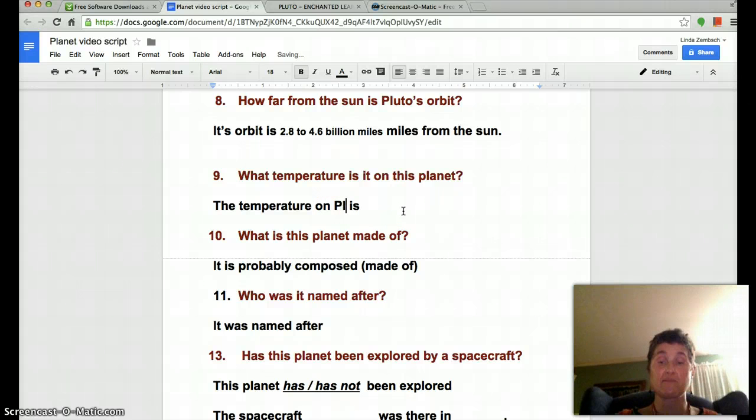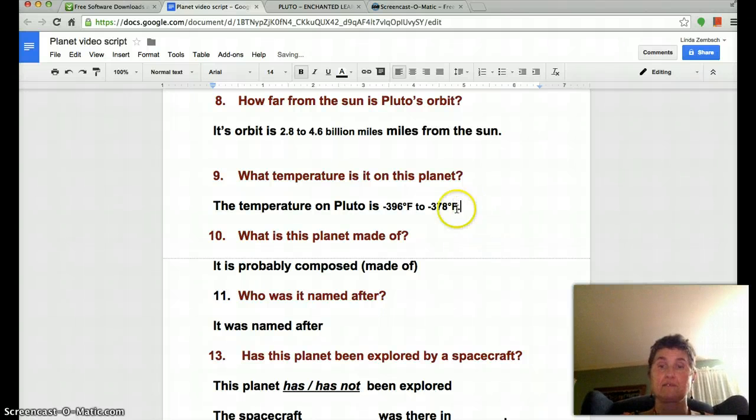So the temperature on Pluto is negative 396 to negative 378 degrees Fahrenheit.